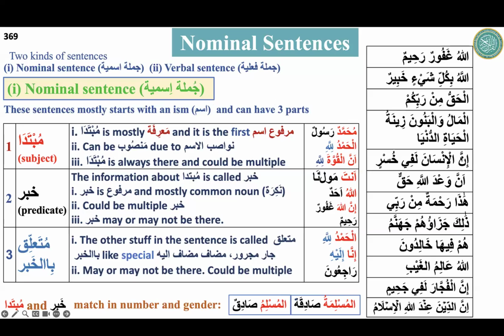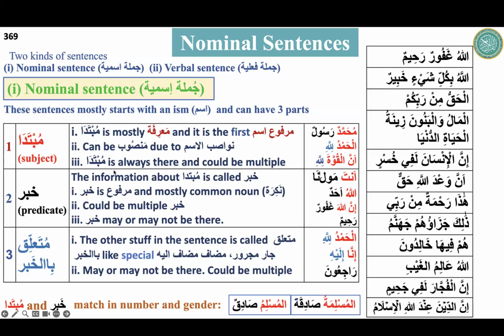If there is a nasab, nawasibul ism, due to some nawasibul ism, its status will be in nasab. So this is mubtada, then khabar, and mutaalliq bil khabar is other stuff, normally a mudaf ilayhi, jar majroor, and like this. So we have seen the examples as well.